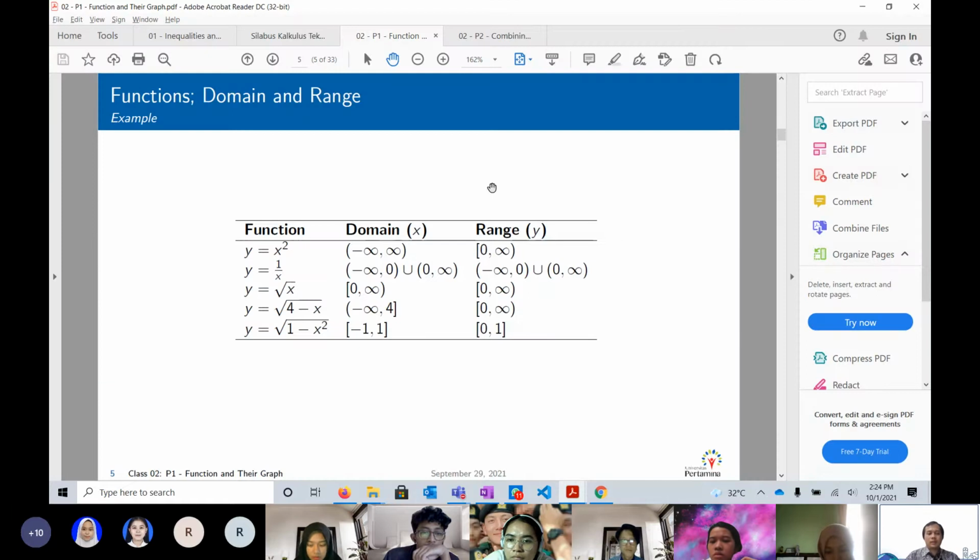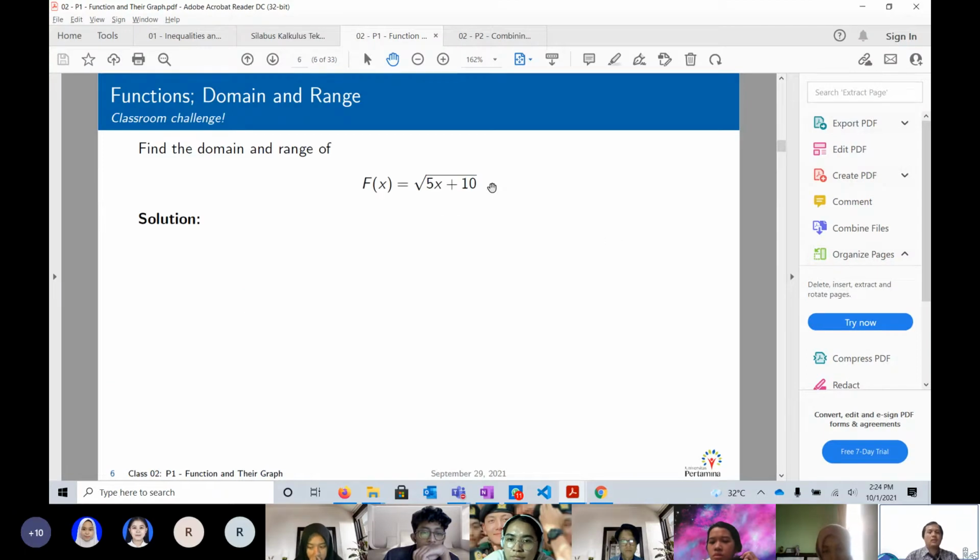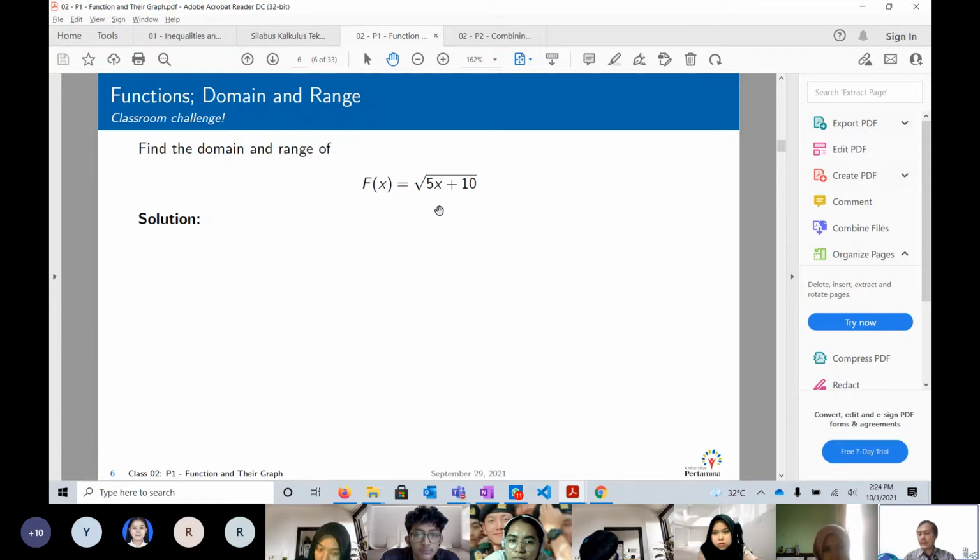Those are the examples of functions. Now the challenge. What is the domain and range of this function? Can anyone tell me what is the domain of x in this case?